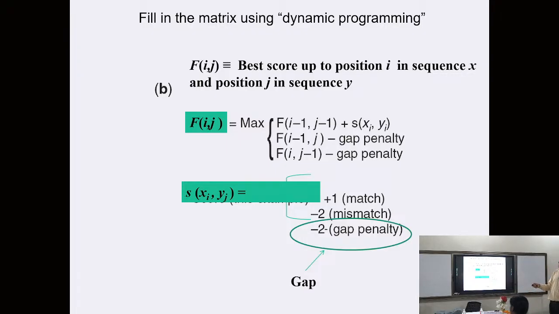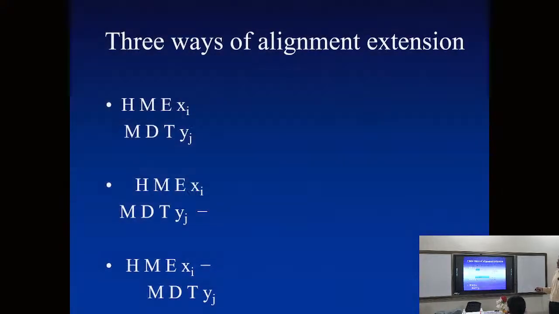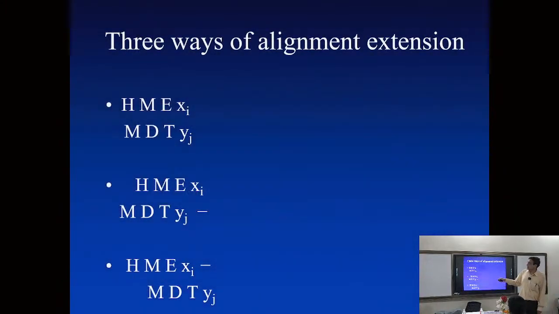Now consider the best score up to position I in sequence X and J in sequence Y. There are three scenarios. One scenario is that Xi is aligned to Yj.